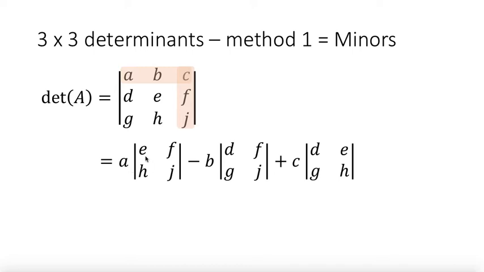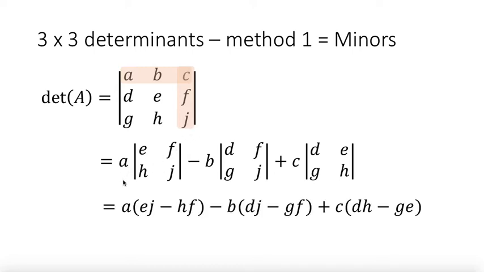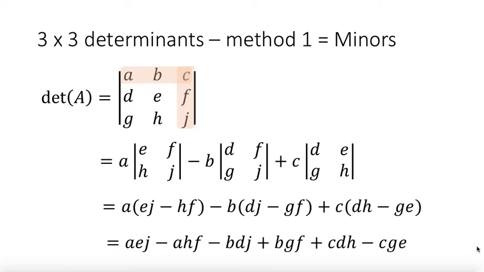So A times E times J minus F times H, etc. And then you expand the brackets, if you want to do it algebraically. So that's called the minor decomposition or minor expansion. Now, it's not only with A, B, C you could do this.